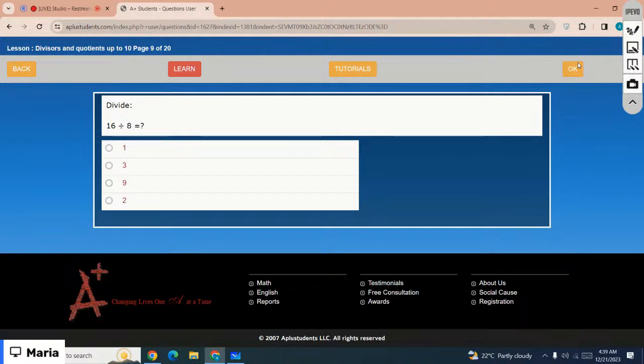Very good. The correct option is 2. You need to count 8 until 16. So 8 times 2 makes 16.